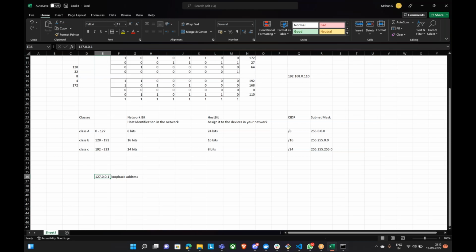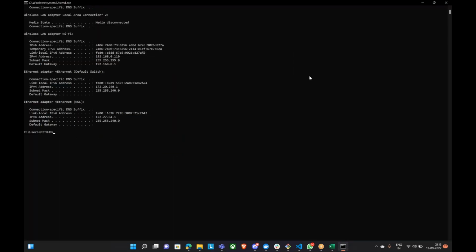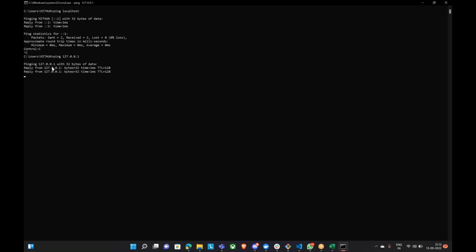If you don't believe me, open your command prompt, type CLS, and ping localhost or ping 127.0.0.1. This is the address of your local host, a way of checking whether your Ethernet card is proper or not.